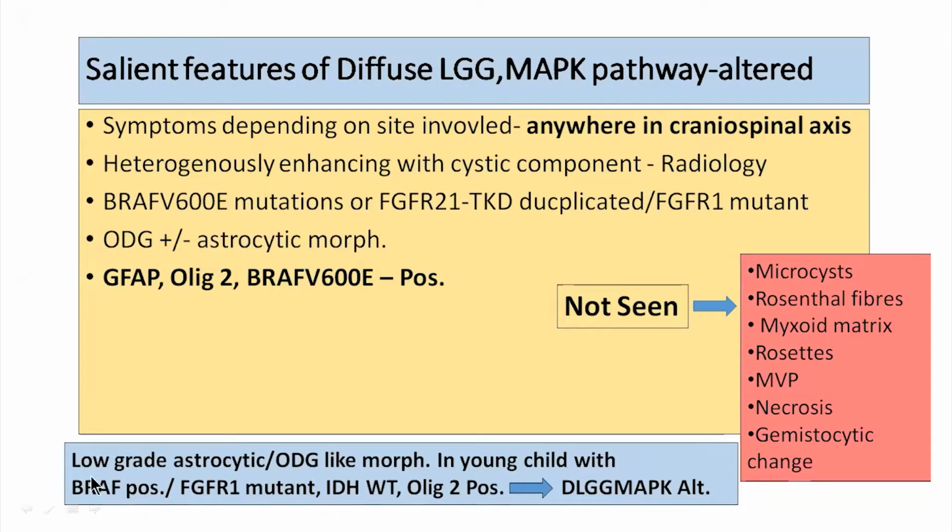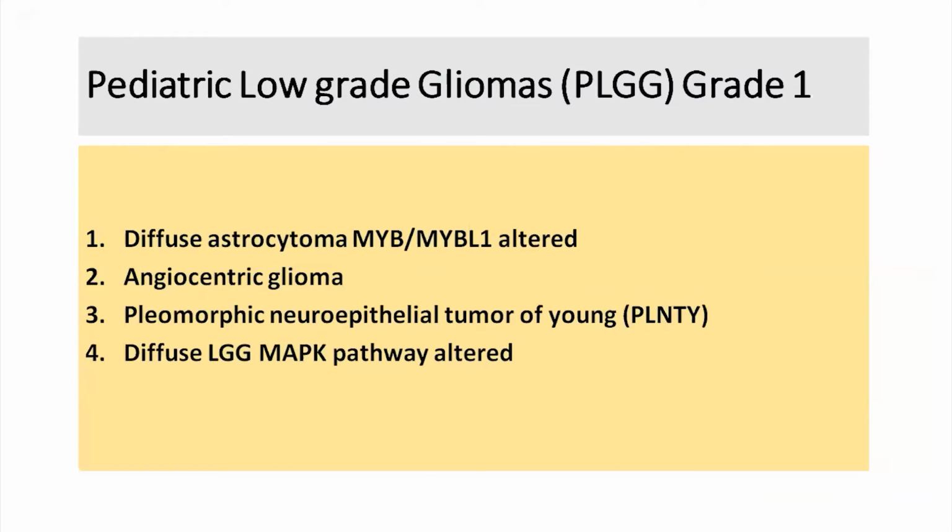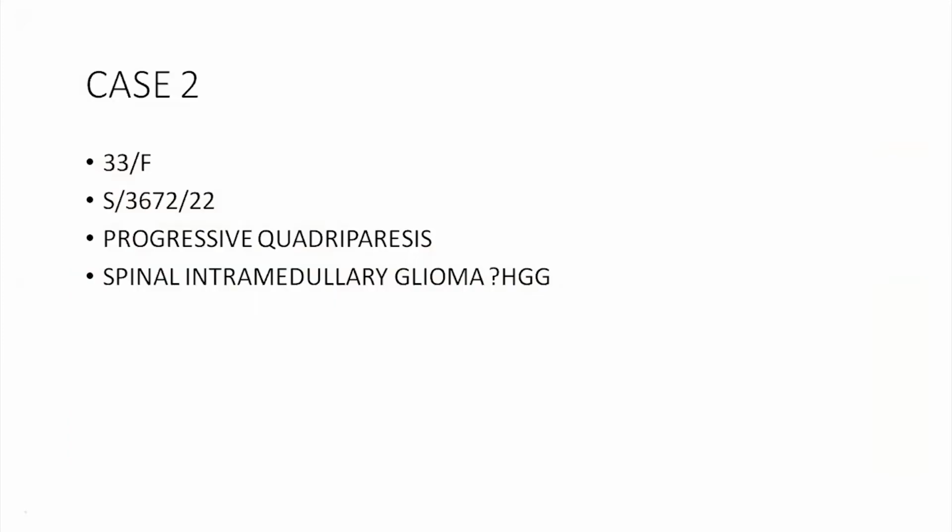BRAF can be detected by IHC easily, so we must include these BRAF low-grade gliomas in pediatric. So these were the pediatric low-grade gliomas. I have shown you this case, and based on this case, we have discussed all these four. These two are similar, the third and fourth. Now coming to the next case.